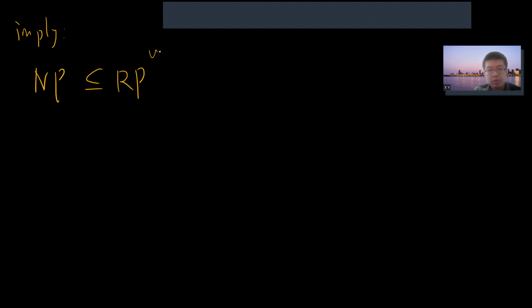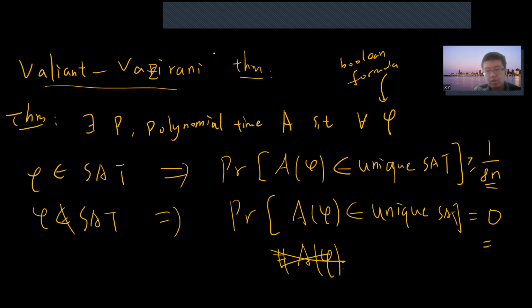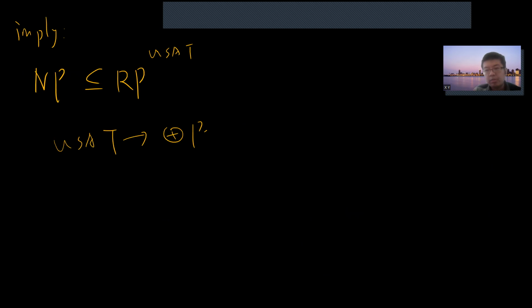With the unique SAT, so USAT, it can be reduced to the parity P. Parity P basically tells you whether the number of solutions is even or odd.